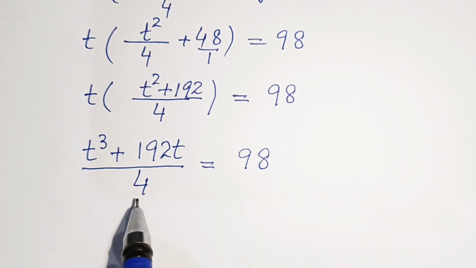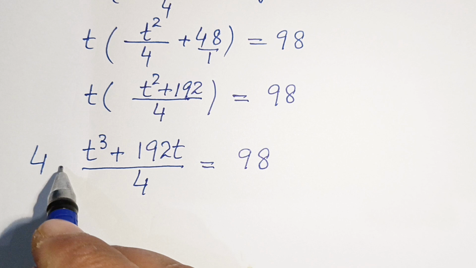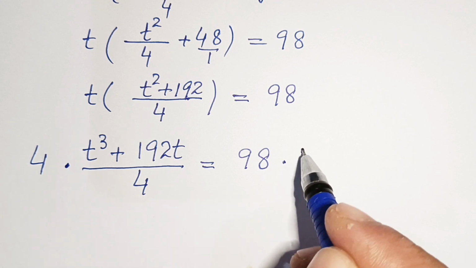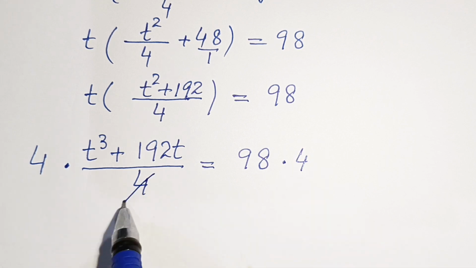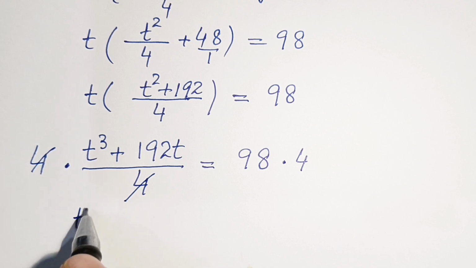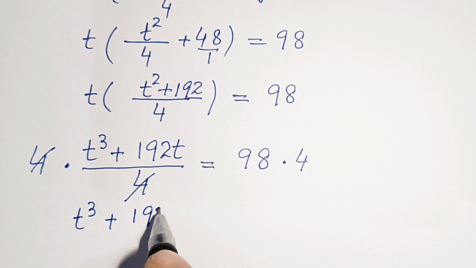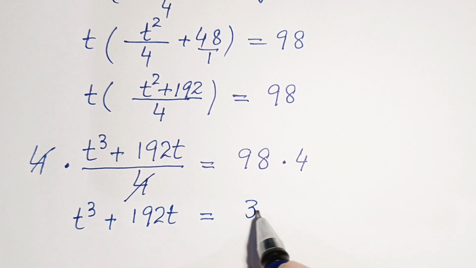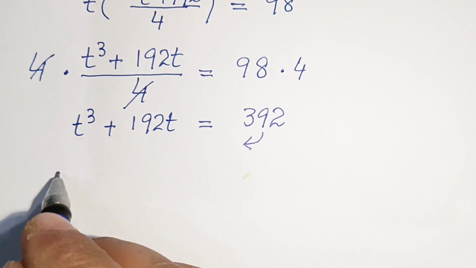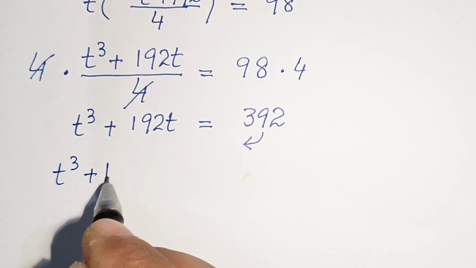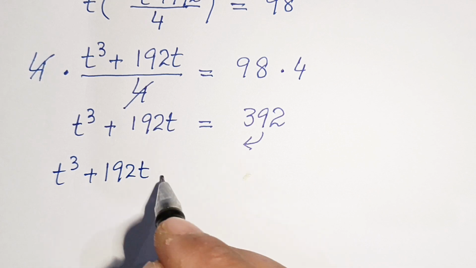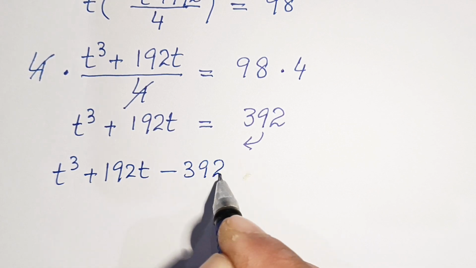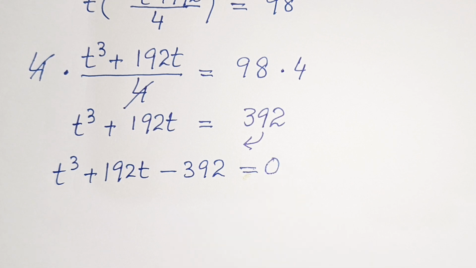Now if we multiply this 4 on both hand side, so multiplying by 4, this 4 is cancelled out, we get t cubed plus 192t is equal to 98 times 4 is 392. Now shifting this one to our left hand side, then we get t cubed plus 192t, and here we have minus 392 is equal to 0.